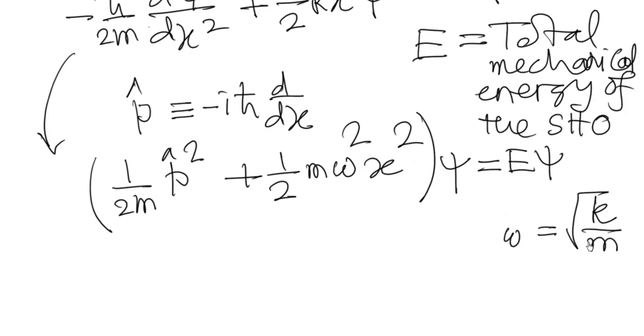So we square this, then we will have omega square equal to k by m, so k equal to m omega square.